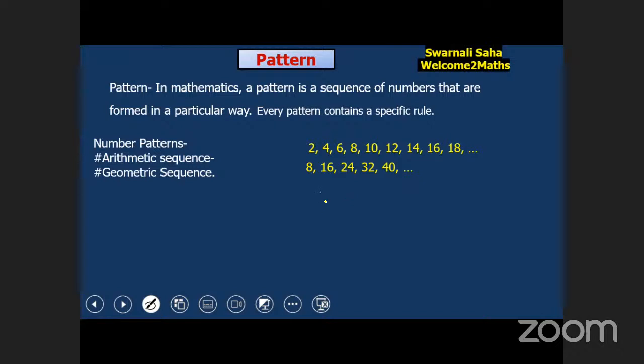Okay. Wait, I will give you one question. 4, 8, 12, 16. What would be the next number? It is the table of 4. It's so easy.